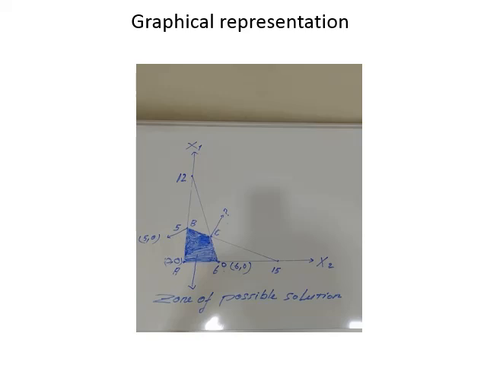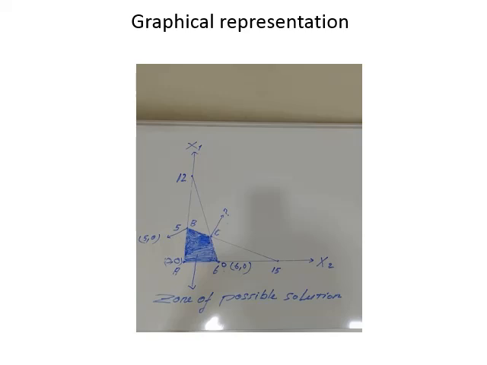Why? Because each axis represents one decision variable or one product. For example, looking at this graph, x1 represents the vertical axis, or the vertical axis represents the product of x1, and the horizontal axis expresses the product of x2.